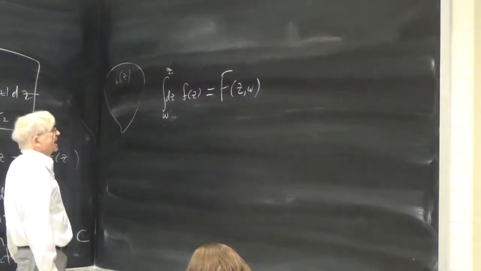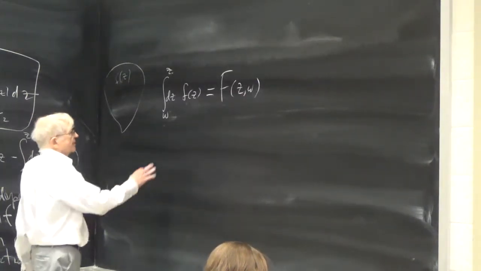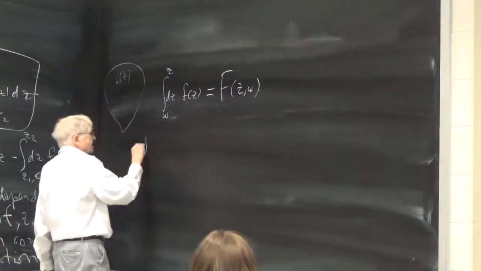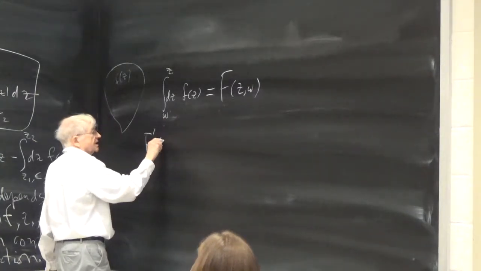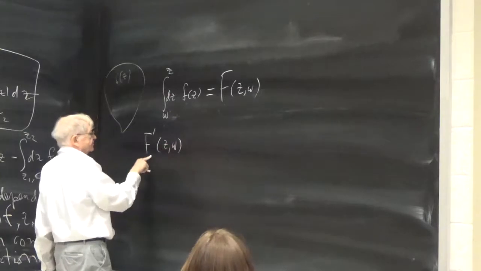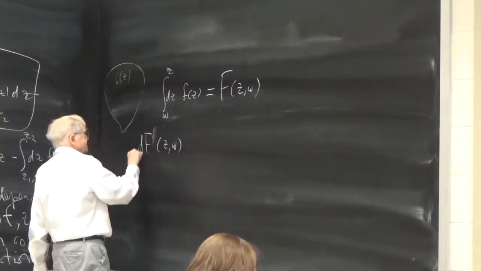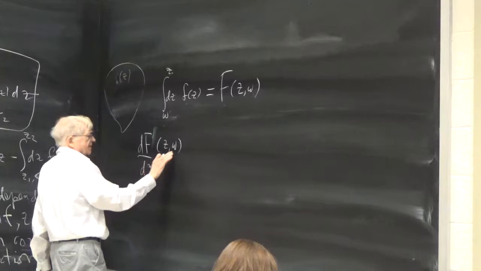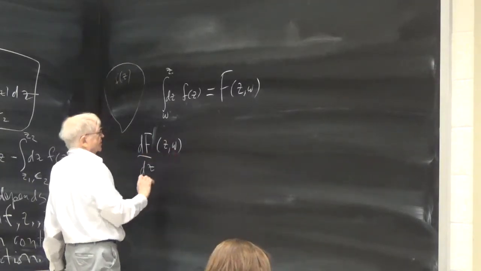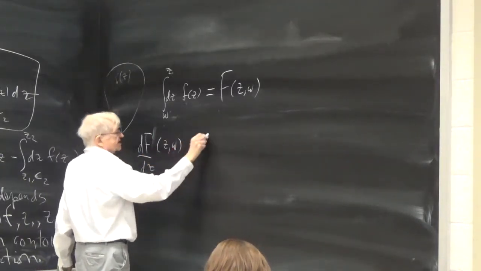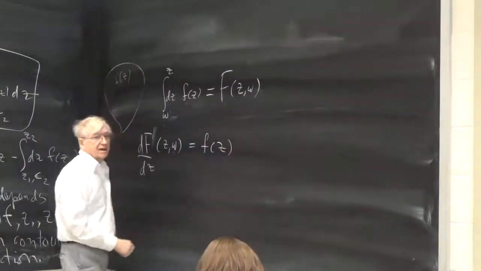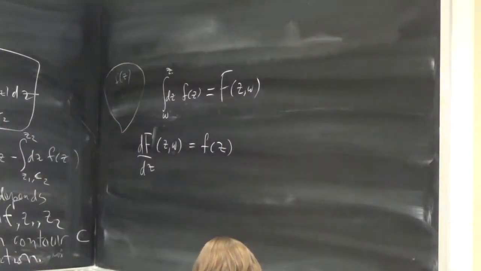Well, by elementary calculus, you can see that the derivative of big F with respect to z, I'm just writing w for completeness, that derivative is f of z. And that's just the standard thing: the integral of f of x prime dx prime up to the point x, the derivative of that is f of x.